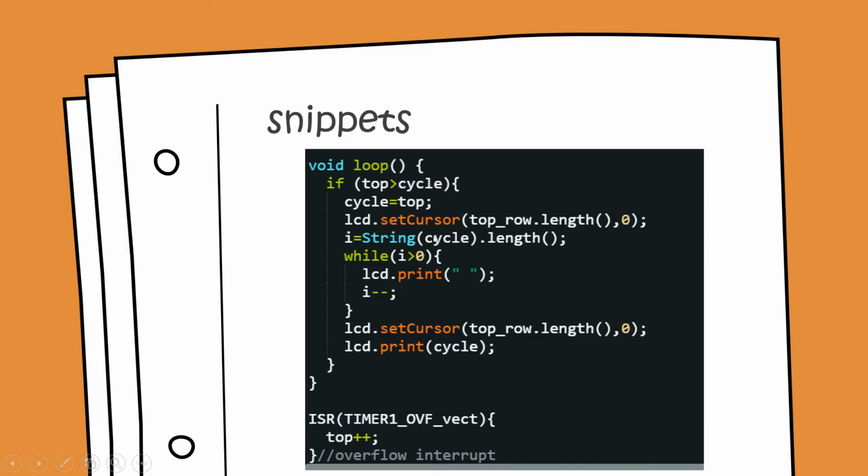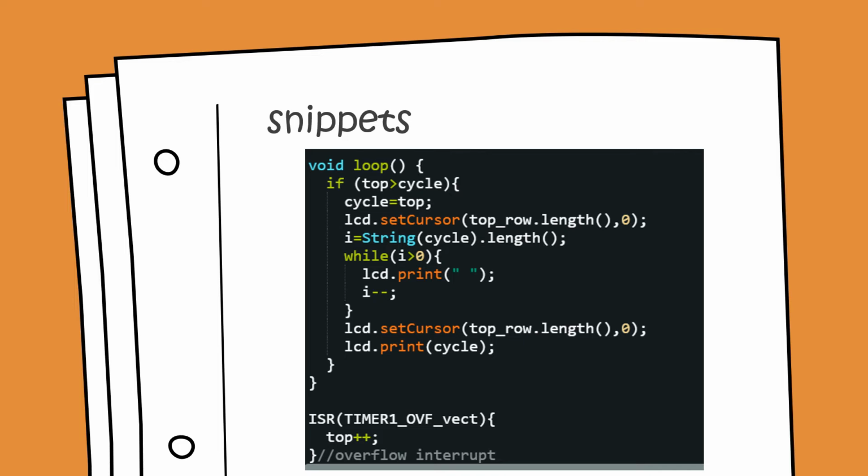So this little while loop basically prints a set of blanks equal to the length of cycle. For example, if cycle is 10, then the value of i will be 2 because cycle will be converted to a string, its length will be taken and that will be 2. And this little loop will basically print 2 blank spaces.